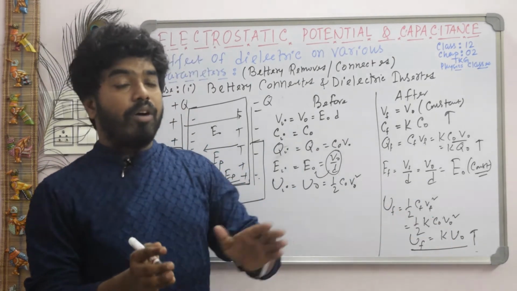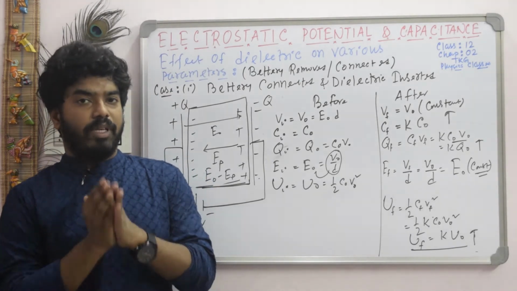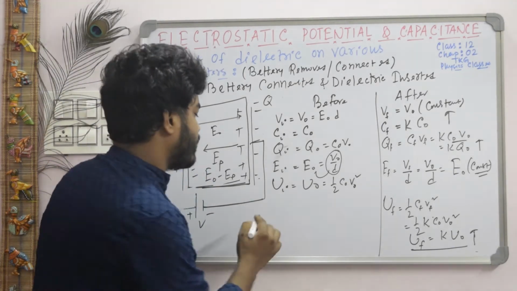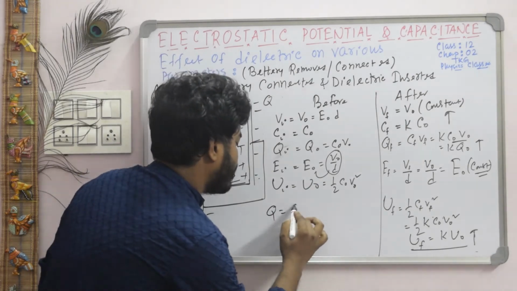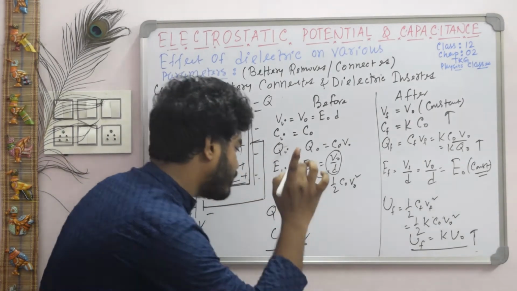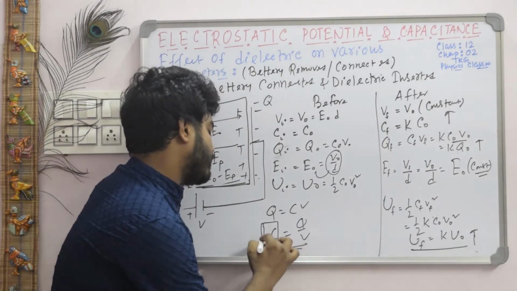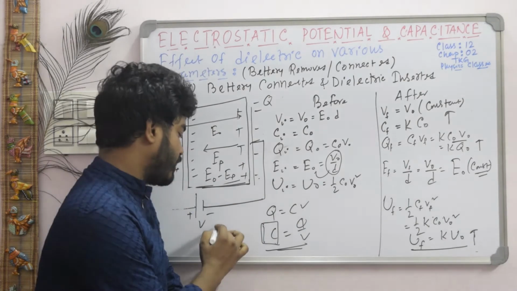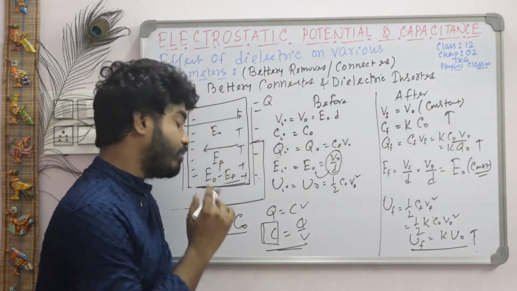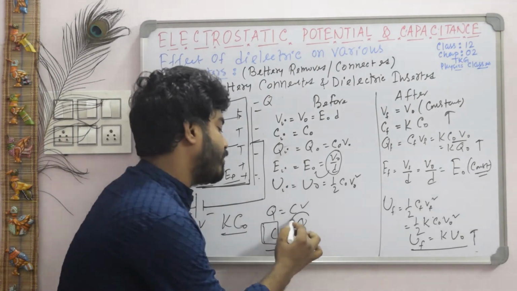Now what is the way out for remembering these types of problems? You just think. You know the basic formulas. Q is equal to C into V, so C is equal to Q by V. In both cases C always increases, and how many times? That is k times, k into C naught. Now when the battery is removed, Q remains constant.